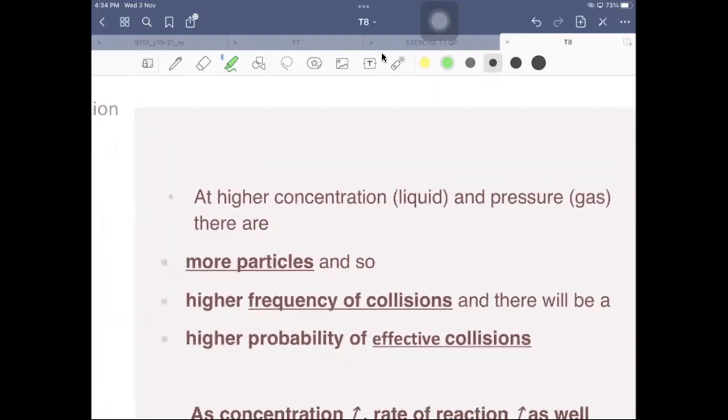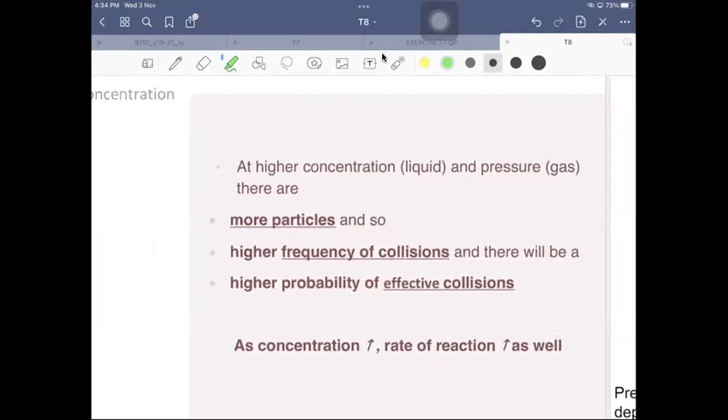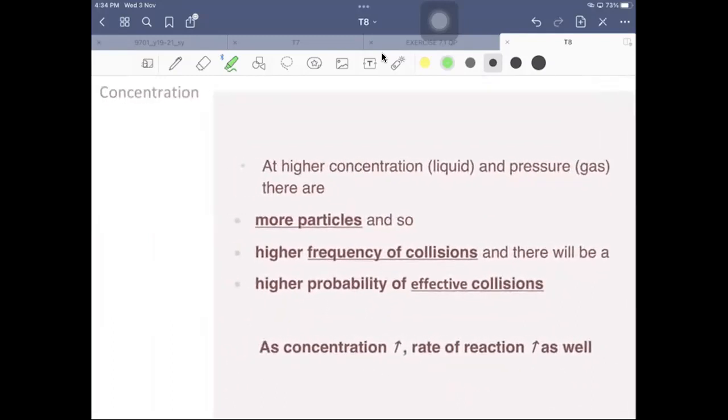Right, concentration. What happens at higher concentration, whether you're talking about liquid or the gas, in which case we should refer to it as pressure, we now have more particles. Yes, we agree. We now have more reactant particles. Because you have more reactant particles, the probability of collision is also higher.